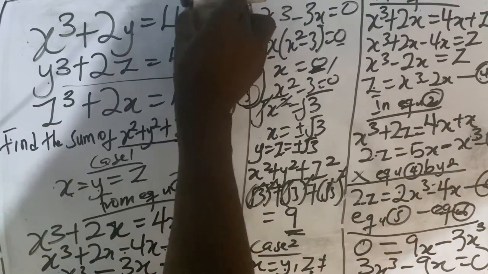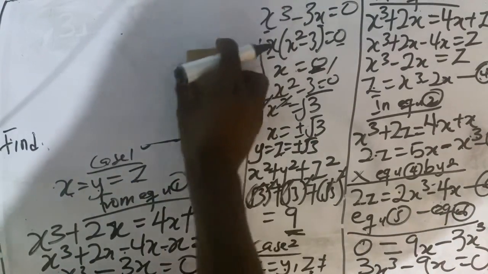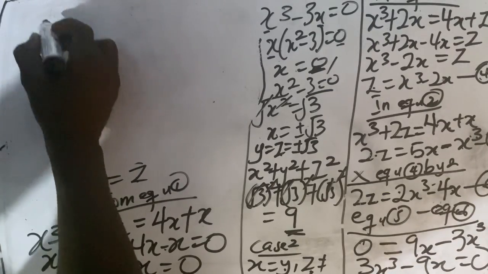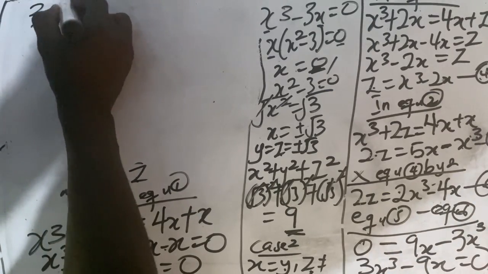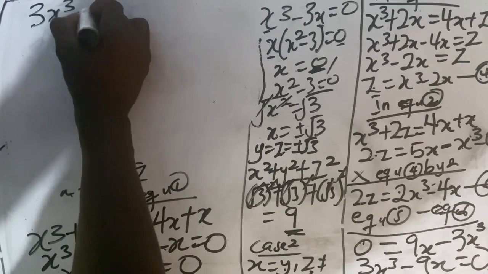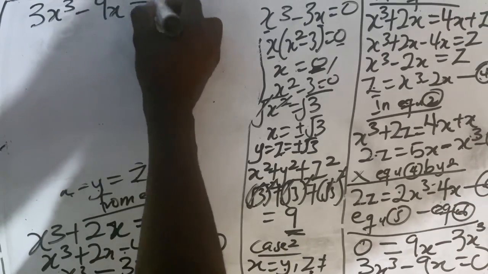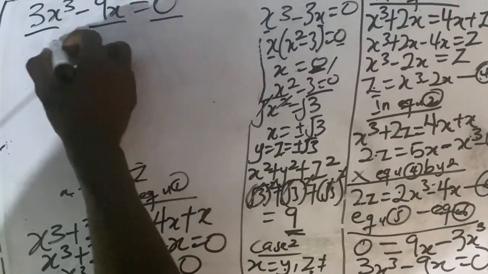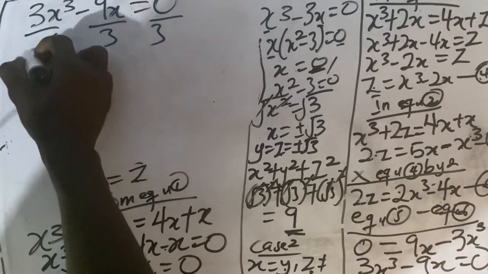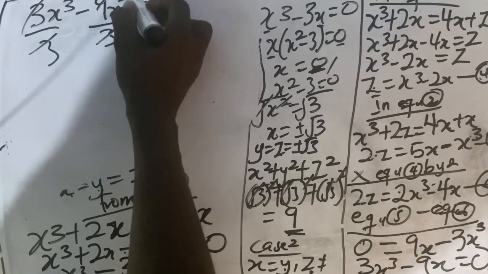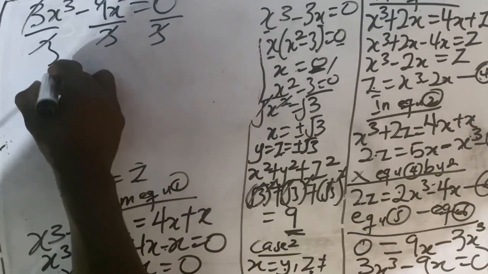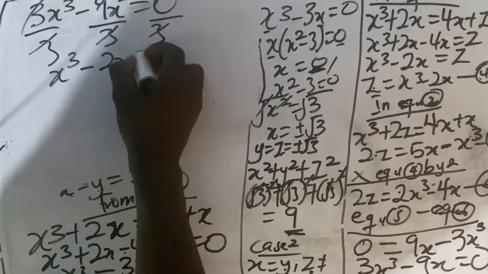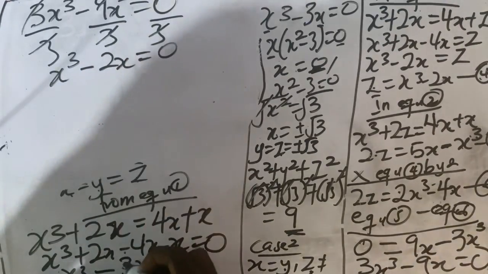So now we'll go on and further simplify it. We have 3x cubed minus 9x being equal to 0. Simplifying this, I can divide both sides by 3. This gets rid of that, and it's left with x cubed minus 3x being equal to 0 in this case, right?